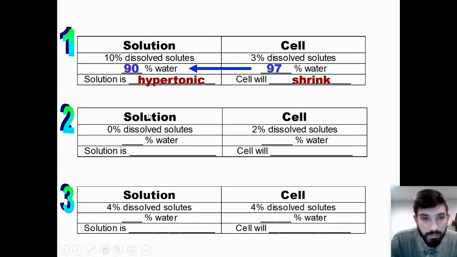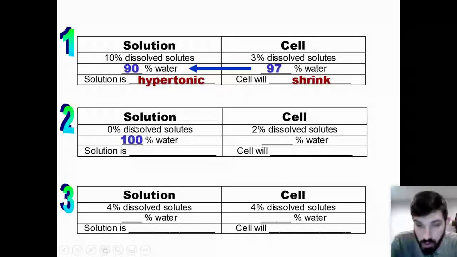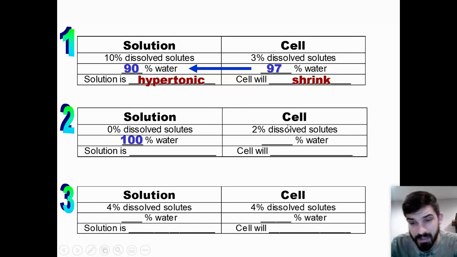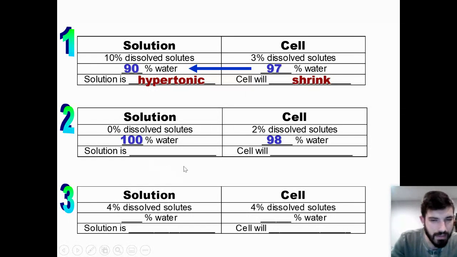Next one. So in the second solution, this solution has 0% dissolved stuff. So what percent is water? Hopefully you're able to get 100% correct. In the cell, if 2% of the stuff in the cell is solutes, what percent is water? Hopefully you got it, 98%. So that makes this solution hypertonic, hypotonic, or isotonic.